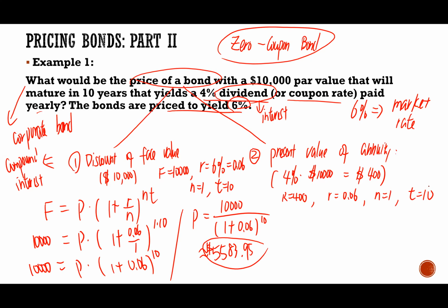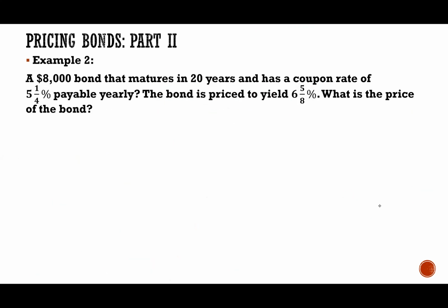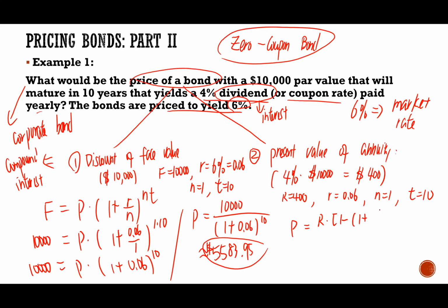So based on this, applying the present value of annuity formula: present value equals regular payment times 1 minus (1 plus the annual interest rate over the number of compounding periods) raised to negative nt, all over the rate. This is the formula. Then we throw in all the numbers.